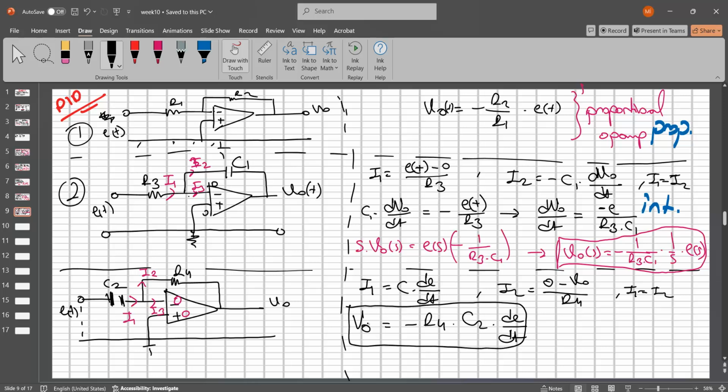But in the S domain, we can write V0 S is equal to minus R4 C2 S E S, which is the derivative. We can take the derivative values of these terms, just like this one. See? This is how we can build our operational amplifier model.